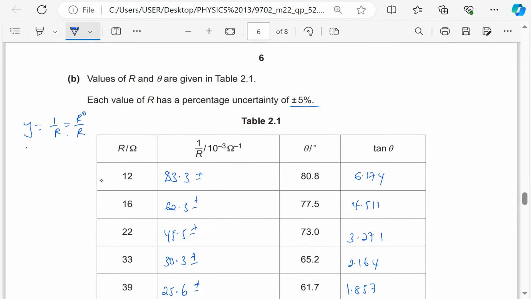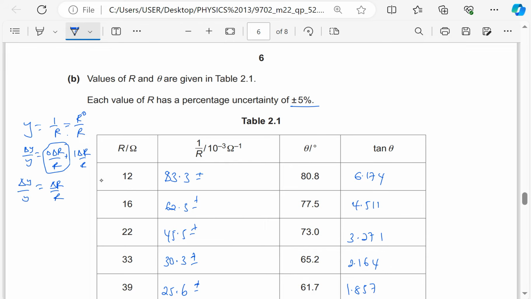So the fractional uncertainty in y over y is 0, plus, in the denominator you have r to the power 1, so it is 1 times the fractional uncertainty in r over r, where the 0 term vanishes. So the fractional uncertainty in y over y is equal to the fractional uncertainty in r over r. In other words, the percentage uncertainty in r is the same as the percentage uncertainty in 1 over r, to be precise.